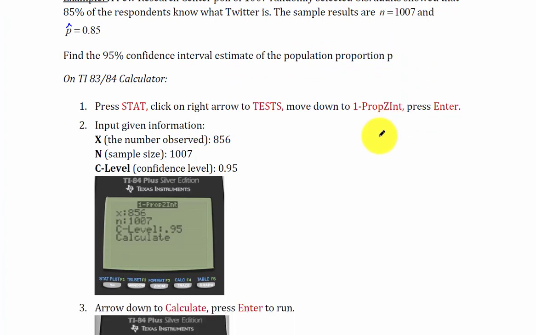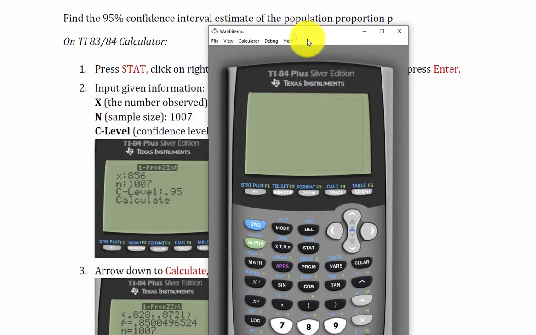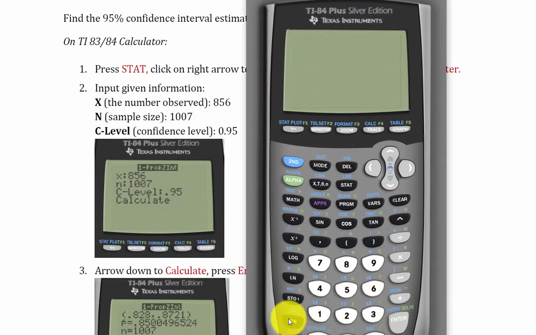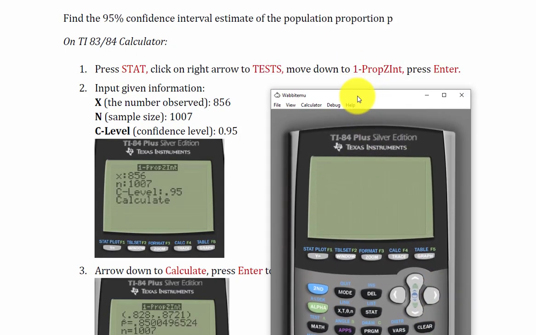Now, if you use the TI-84 calculator, you should press the STAT key. Okay, let me bring up the calculator here. So let me turn this on and clear. So how do I find a confidence interval?